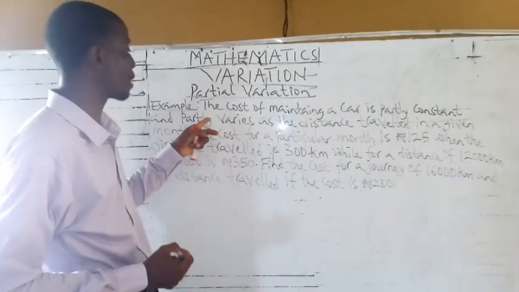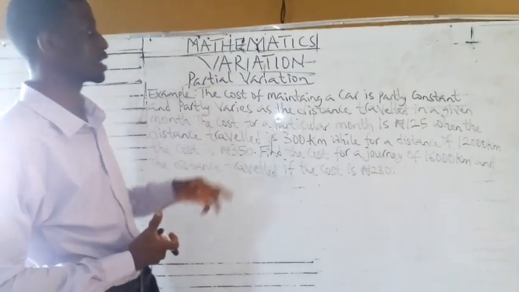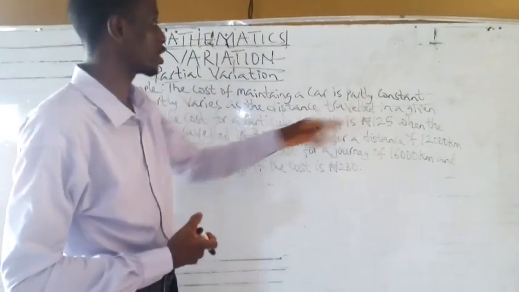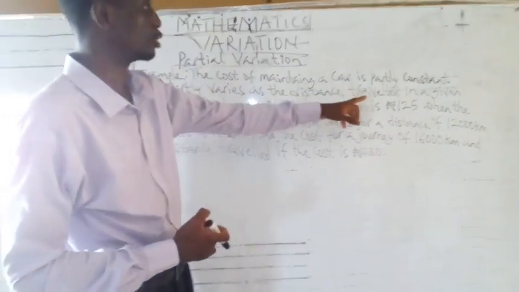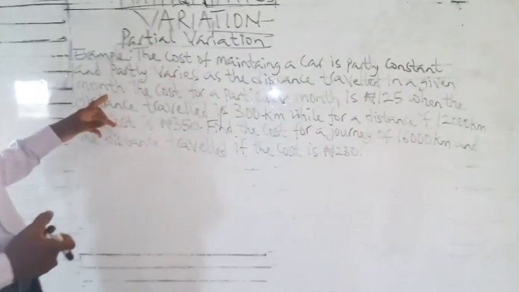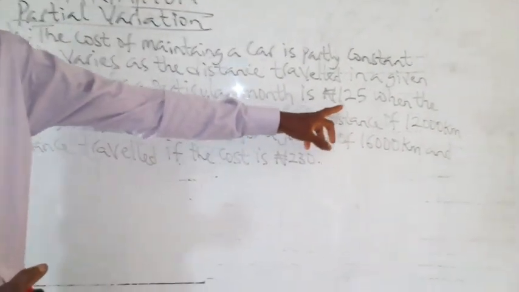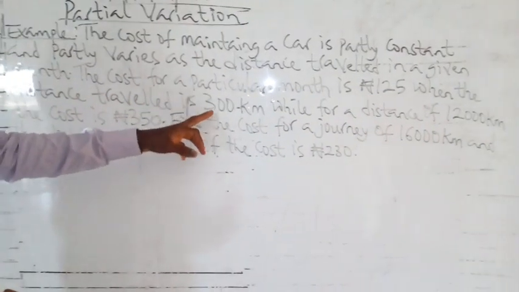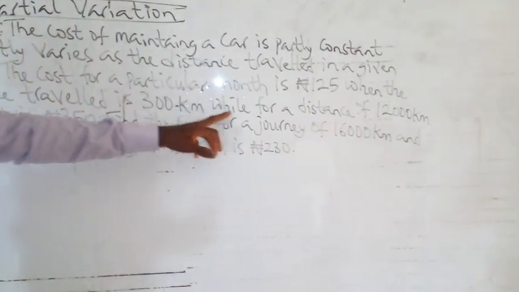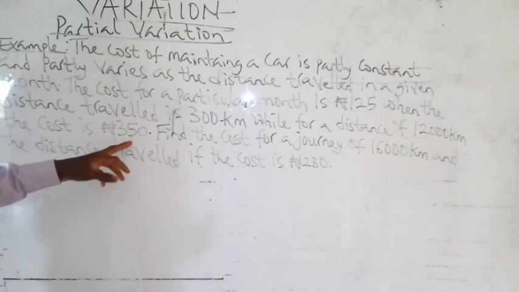Looking at an example under partial variation: the cost of maintaining a car is partly constant and partly varies as the distance travelled in a given month. The cost for a particular month is 125 naira when the distance travelled is 300 kilometers, while for a distance of 12,000 kilometers the cost is 350 naira.